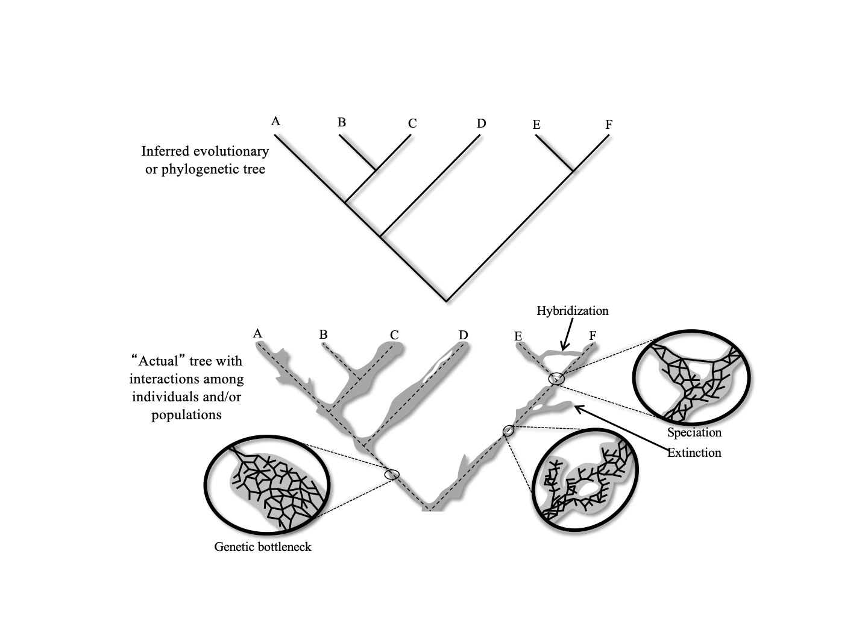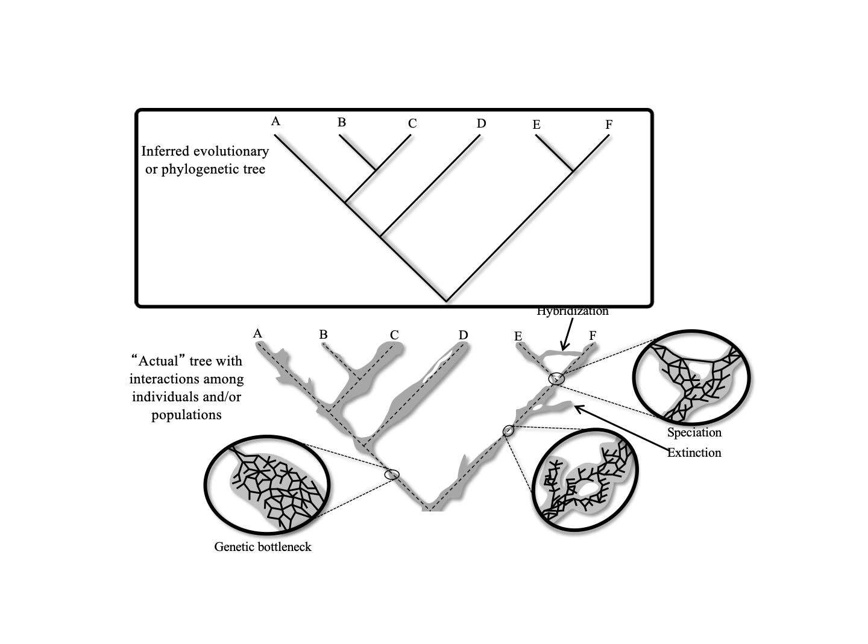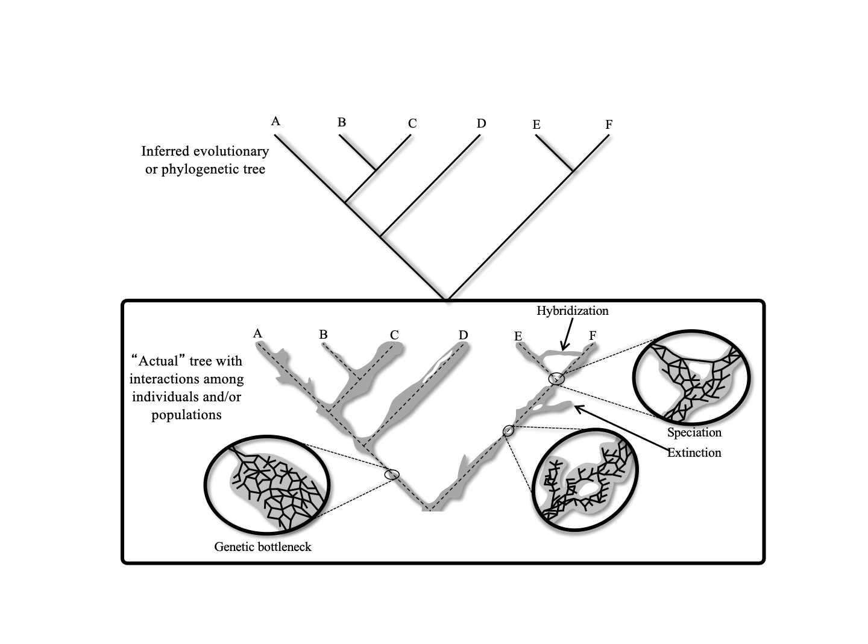So each one of these lines that you see up here, these inferred evolutionary phylogenetic trees, if you really look at what's happening evolutionarily, it's more like this lower diagram, where they aren't straight lines, but convoluted lines consisting of genetic interactions among the individuals in the population, as well as interactions with species around them.